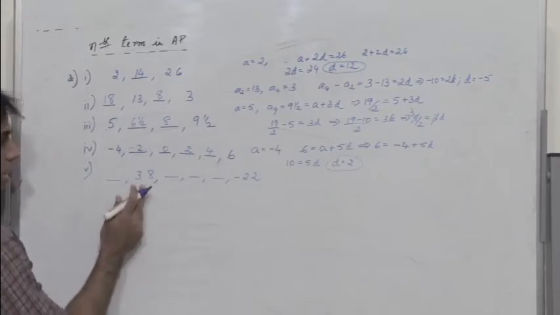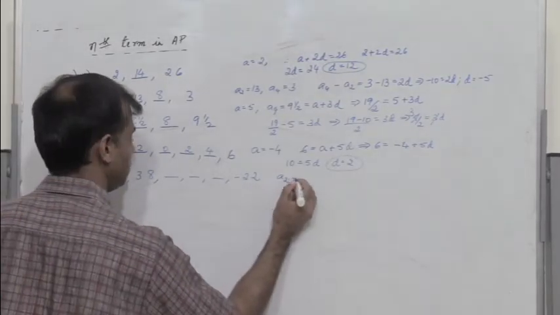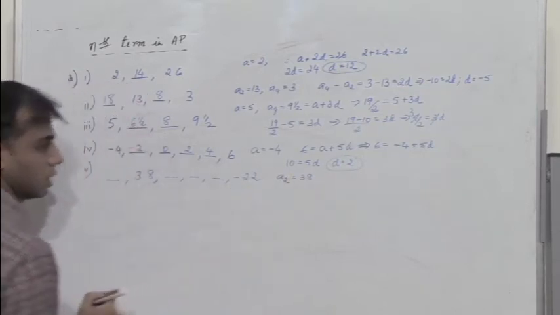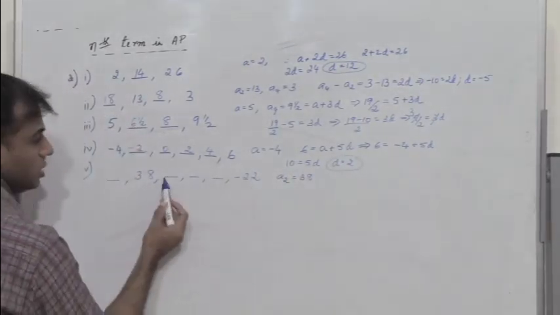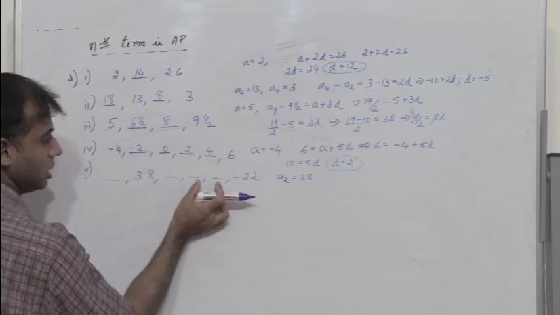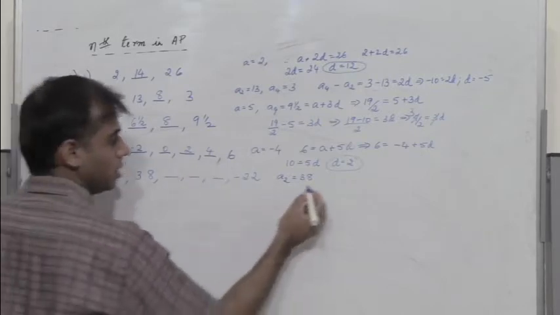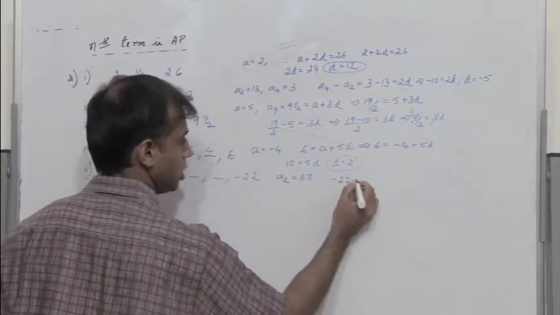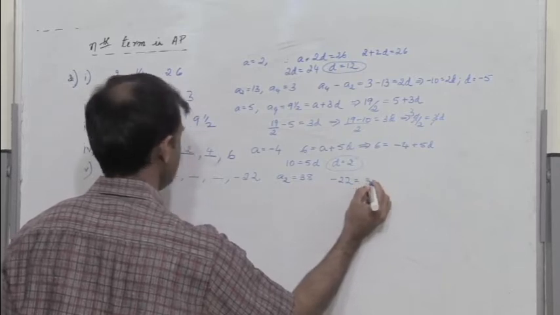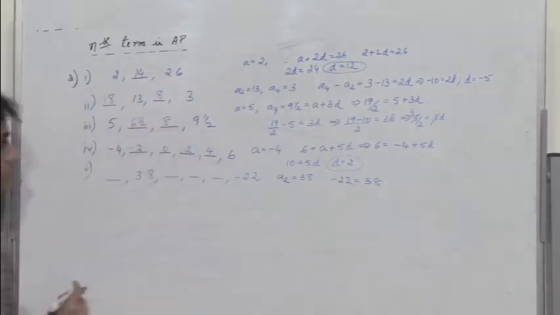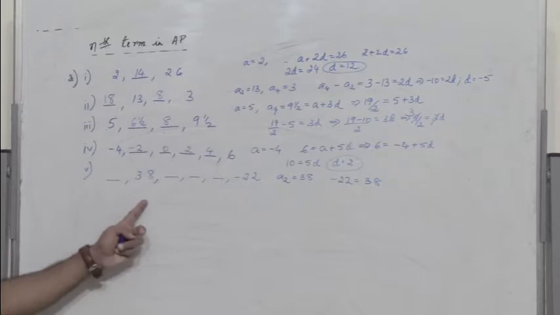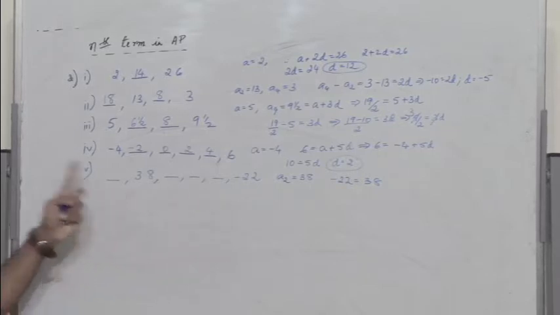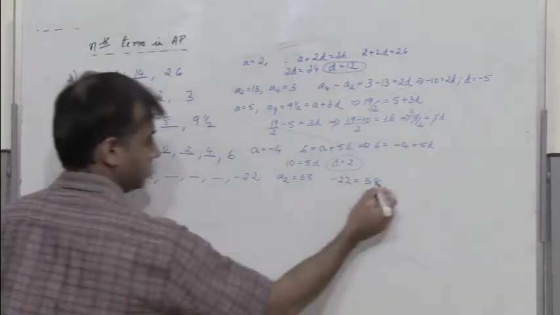The second term is 38. So what is the difference between this? So 1D, 2D, 3D, 4D. Right? So minus 22 equals 38. Okay, and the difference is we have 4D.